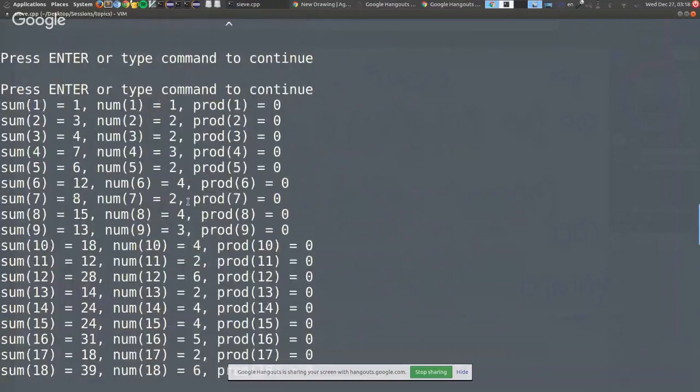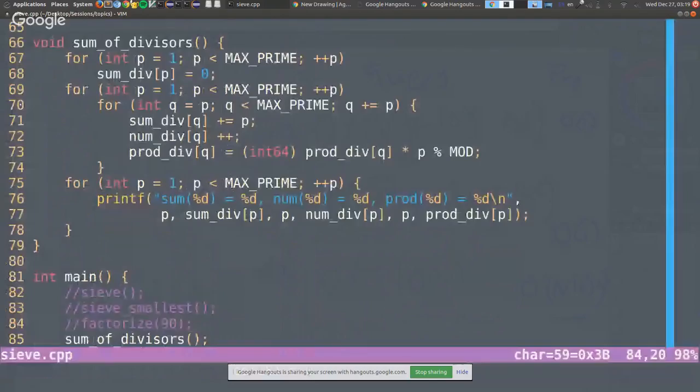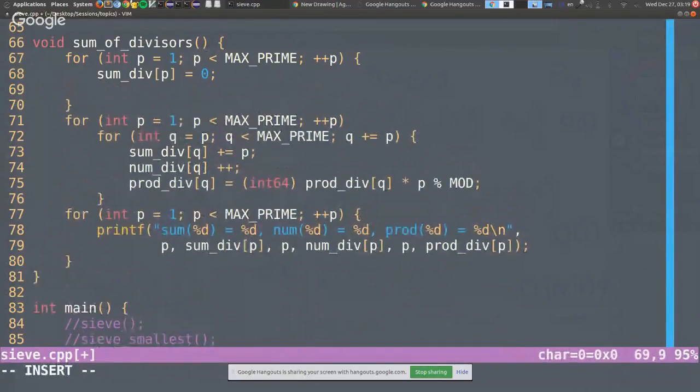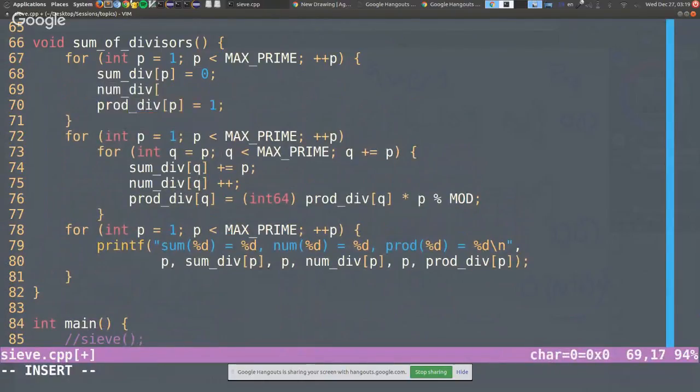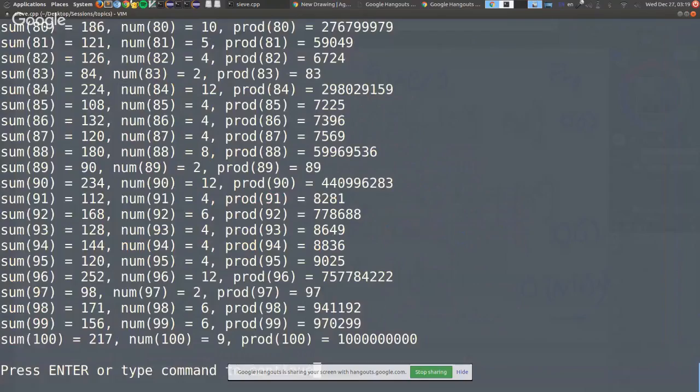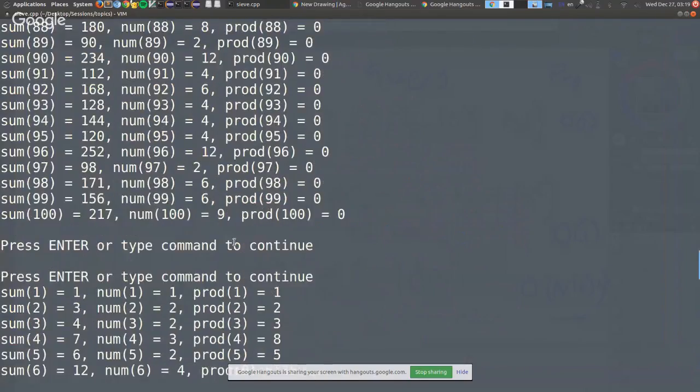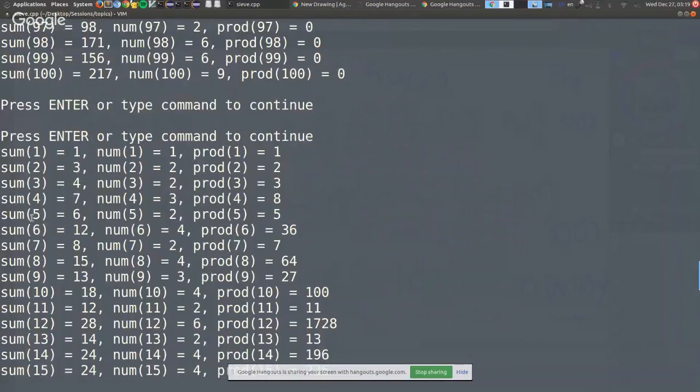So here we get the table of the sum of divisors, number of divisors and product of divisors. Actually, product should have started with 1, which is the empty product. For example, 5 has the divisors 5 and 1, so the sum is equal to 6, the number of them is 2, and the product is 5.